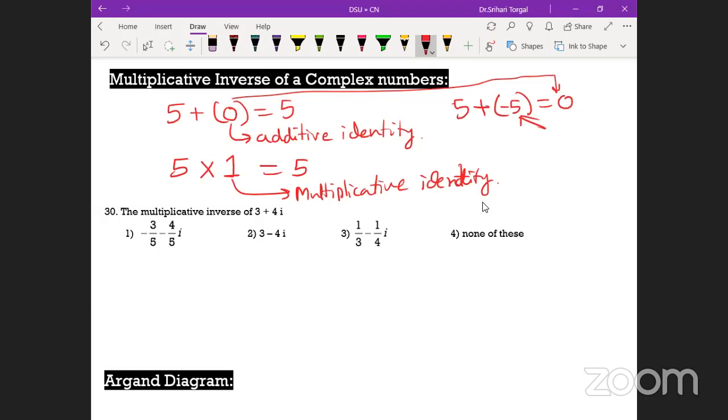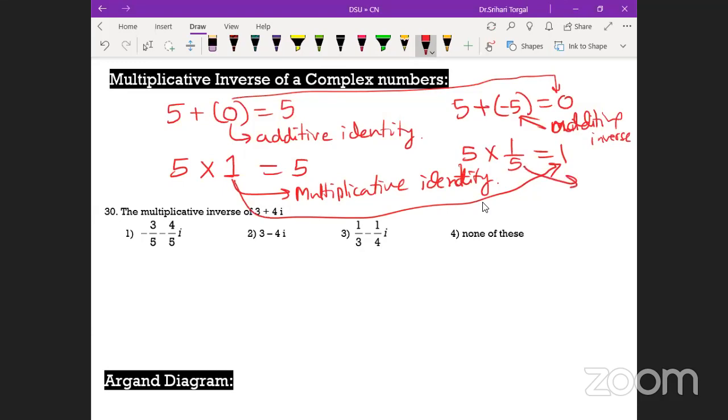This is called multiplicative inverse. Sorry, additive inverse. Right? And how much do I have to multiply this to get 1? 1 by 5. This 1 by 5 is called MI. MI is multiplicative inverse.